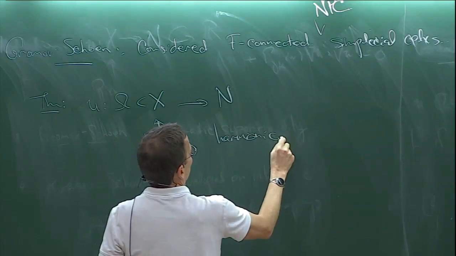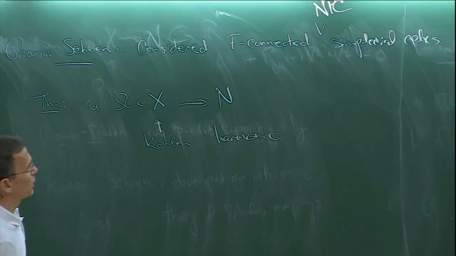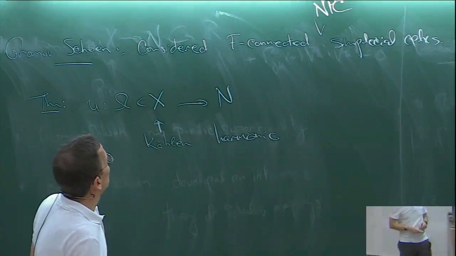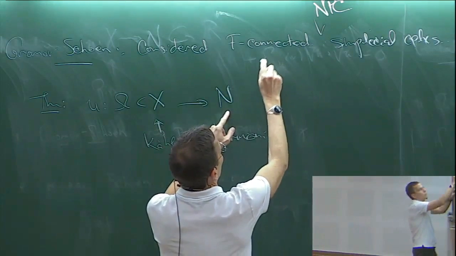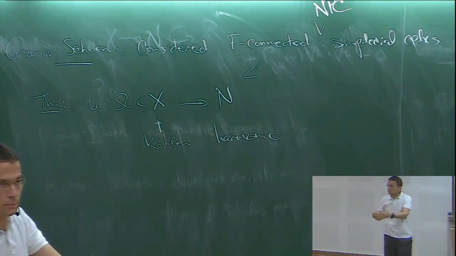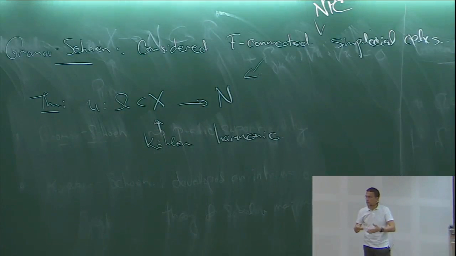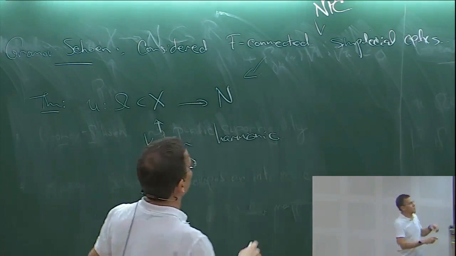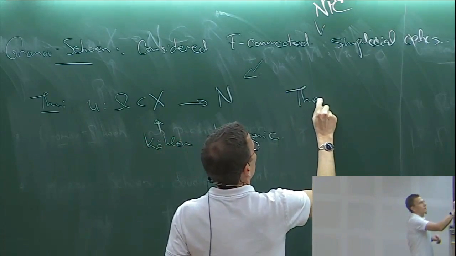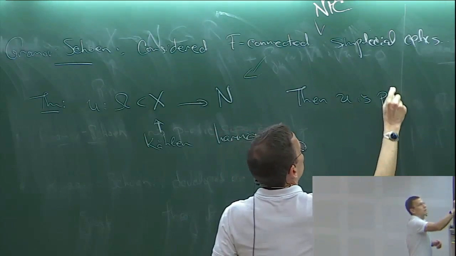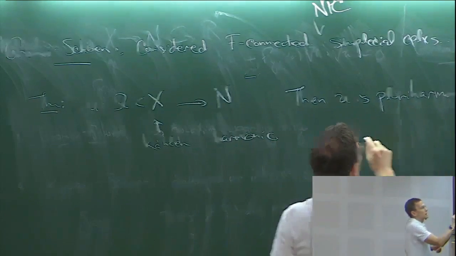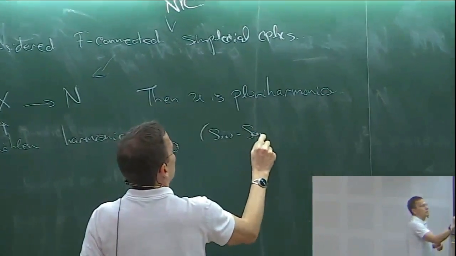Here I'm using energy minimizer and harmonic interchangeably. So harmonic for some fixed Dirichlet boundary conditions. And here N is one of these F-connected simplicial complexes, just a simplicial complex in a sufficiently nice form. Then the statement is that U is pluriharmonic. So this is like the Simpson theorem.